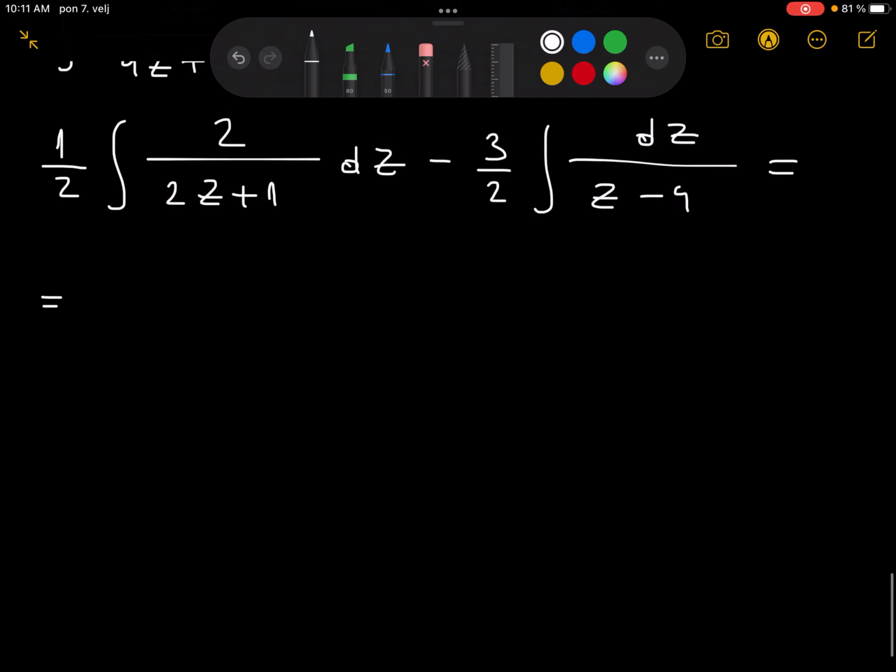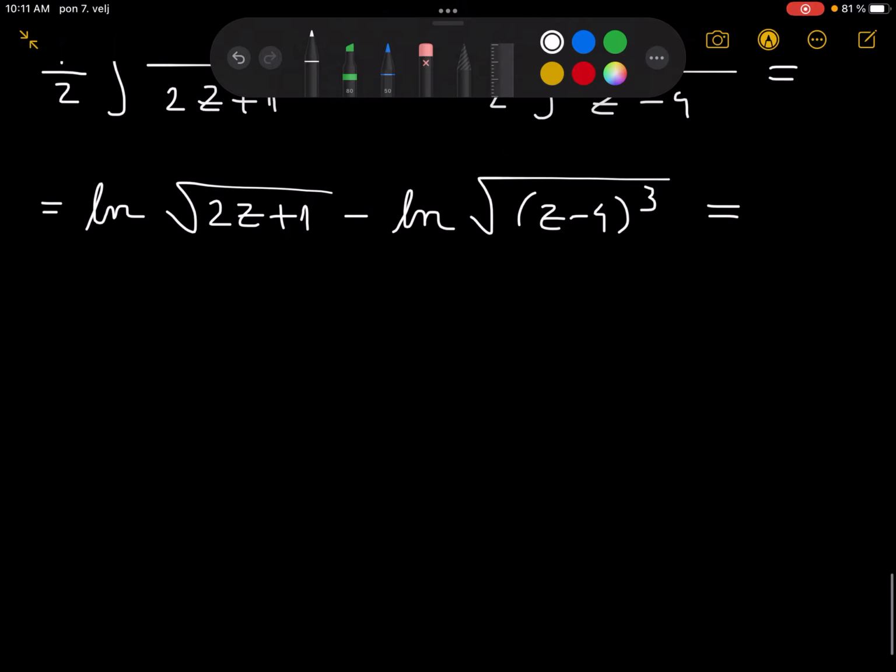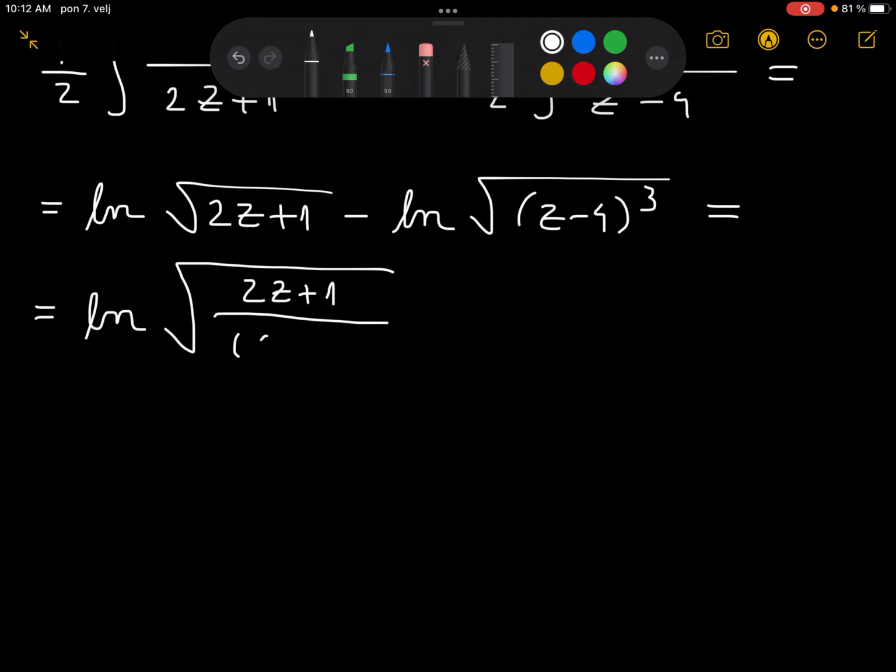And this is by using the ln rule: ln of the square root of 2z plus 1 minus the ln of the square root of z minus 4 to the third power. Or in other words, this integral is equal to the ln of 2z plus 1 over z minus 4 to the third power.